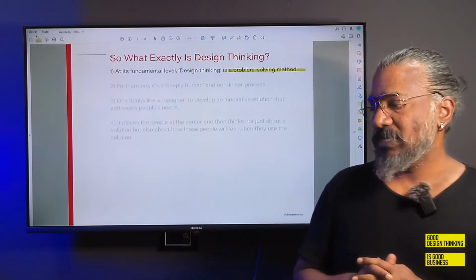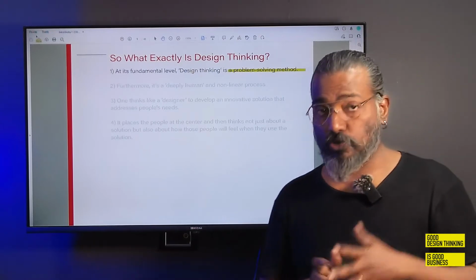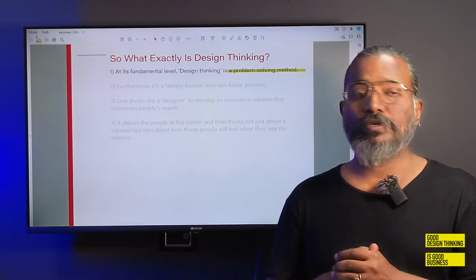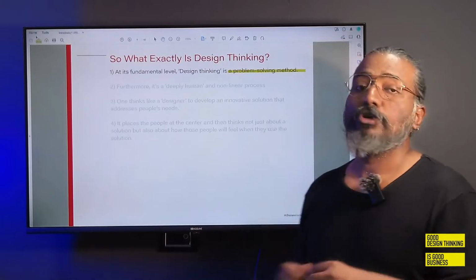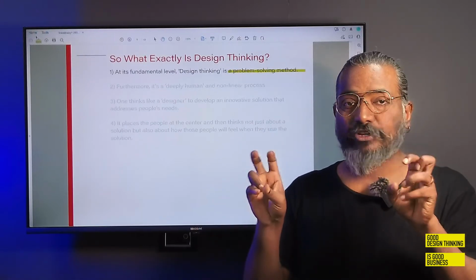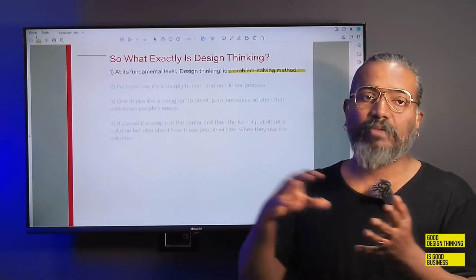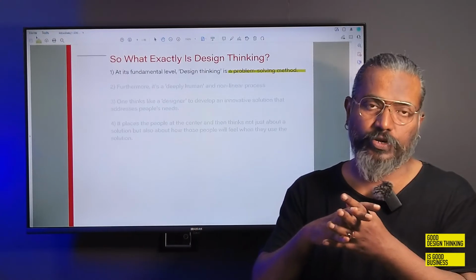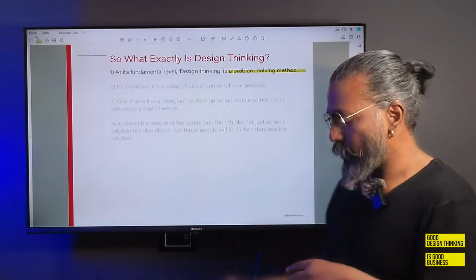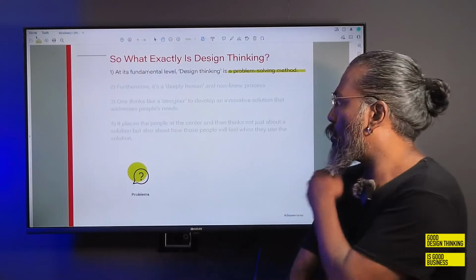In your schools and colleges you must have done many problem solving exercises. You identify the problem, then you come up with the solution. So let's look further.